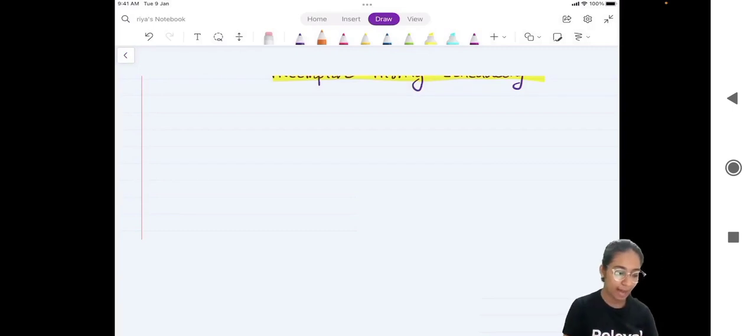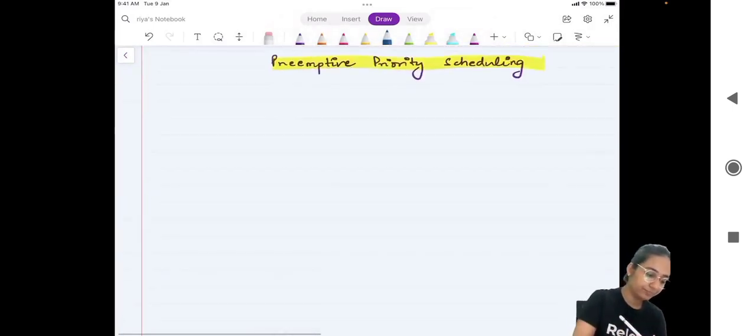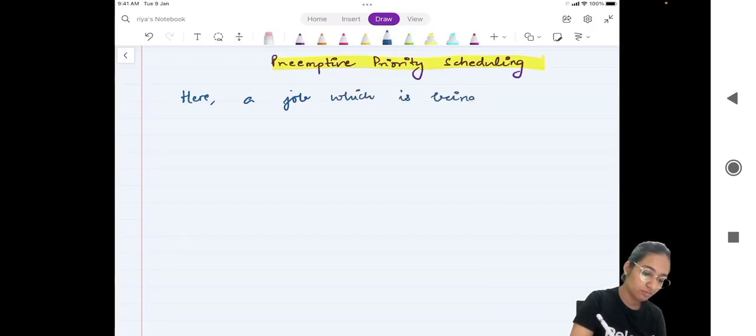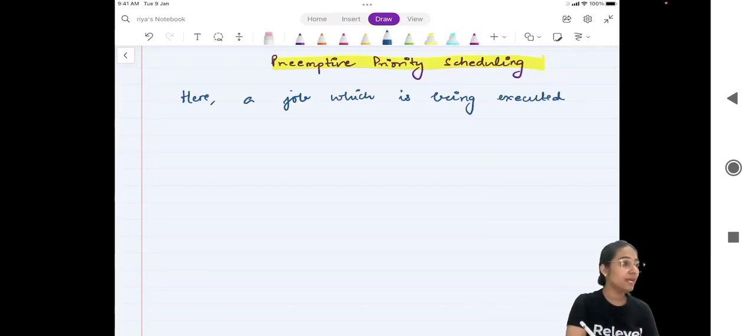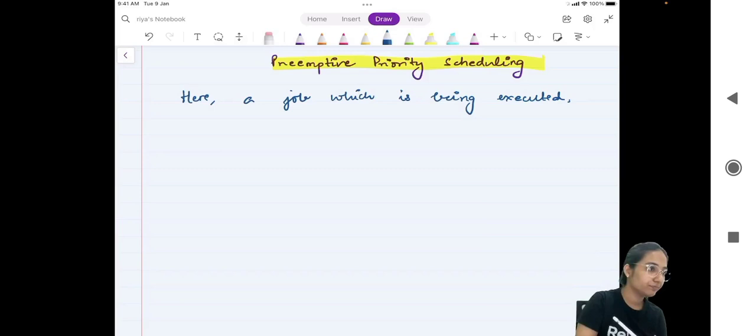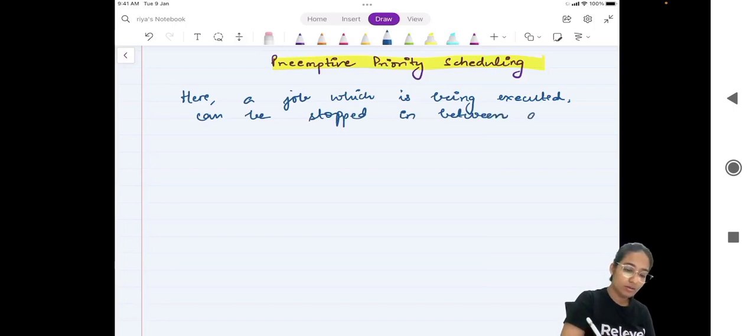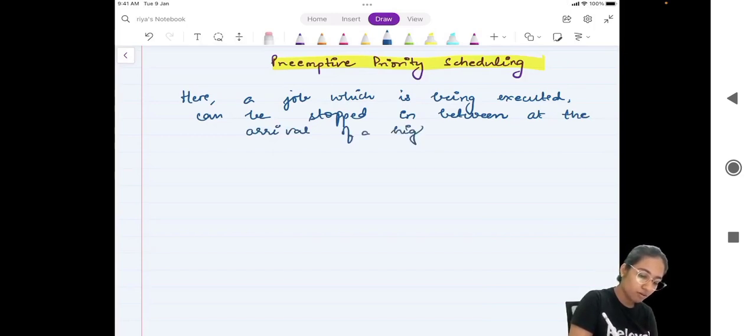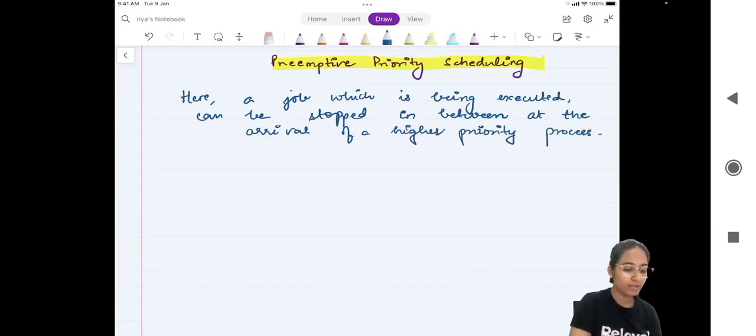So in this case, what can happen over here is, a job which is being executed can be stopped in between at the arrival of a higher priority process.